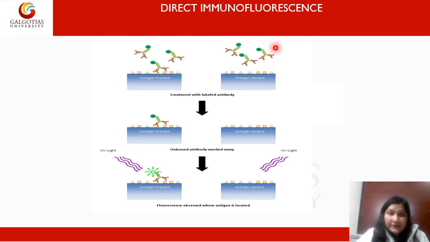Whereas on the right hand side column, there is no such antigen present, and the fluorescein bound antibody will wash out during the wash, and this microtiter plate will not give any such color, which confirms the absence of a particular antigen.